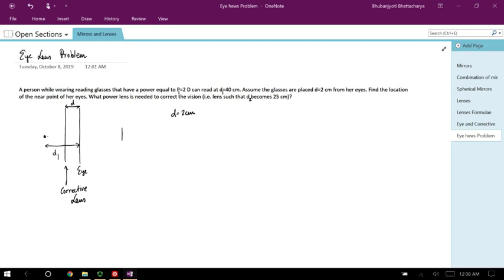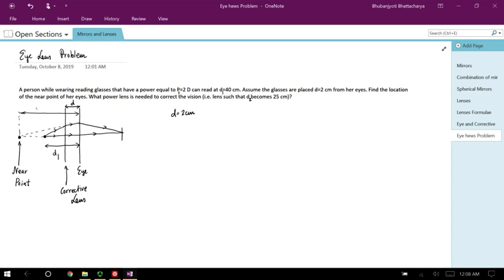Which means that from here, whatever convergence is happening, it's such that the rays of light, after refraction and everything, reach the retina. So I would think that this would be the picture and this would be the near point. We are interested in finding the near point of our eyes, so this is our near point. Okay, so this is our near point. Really what we are interested in is sort of this distance.